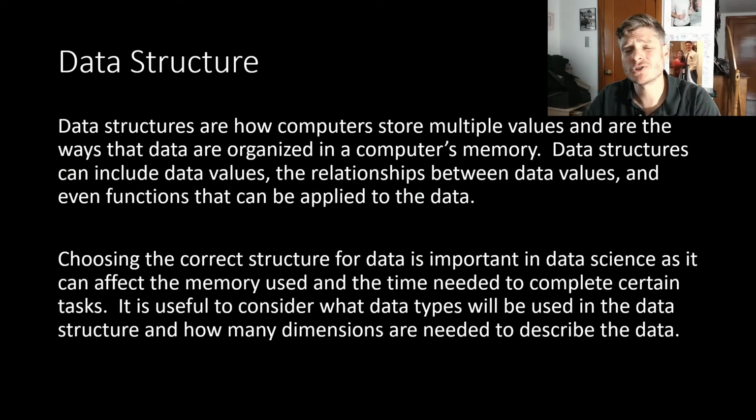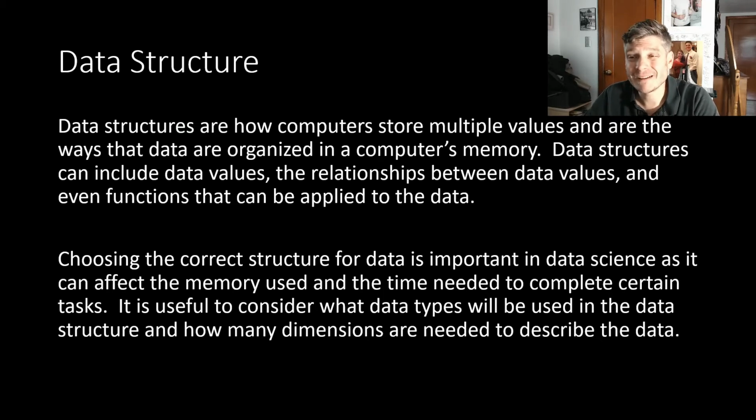Now we'll talk about our data structures, and data structures are how the computers organize and store multiple values in their memory. So the data structures can include the data values, relationships between the data, functions to be applied to the data.